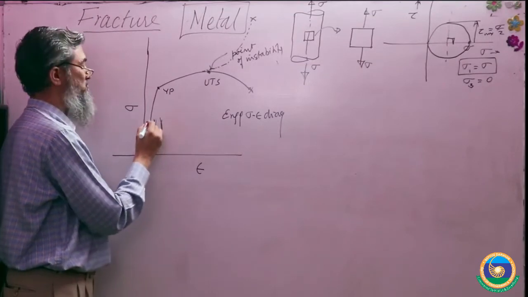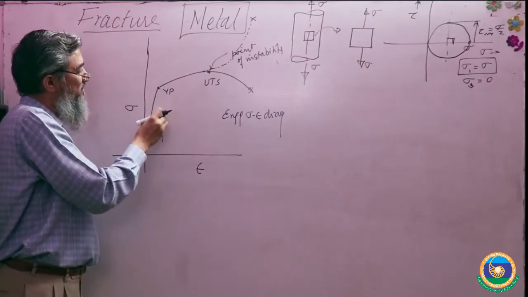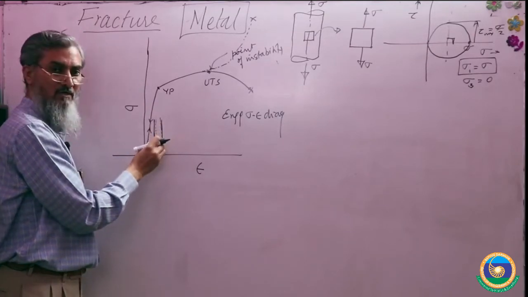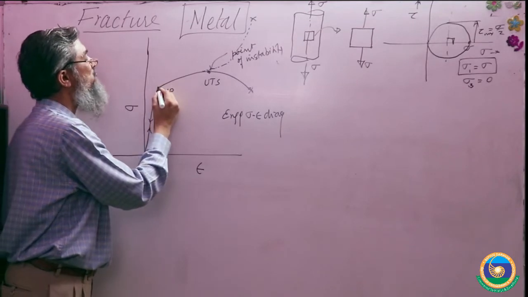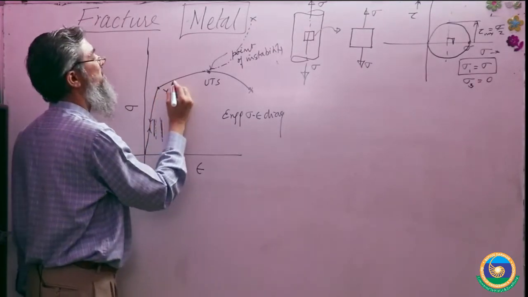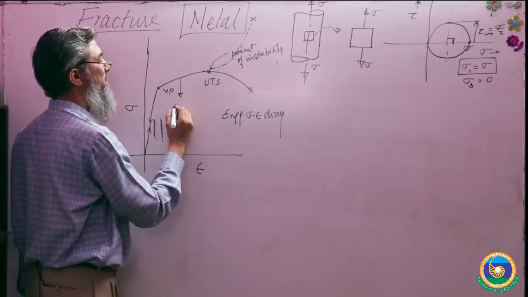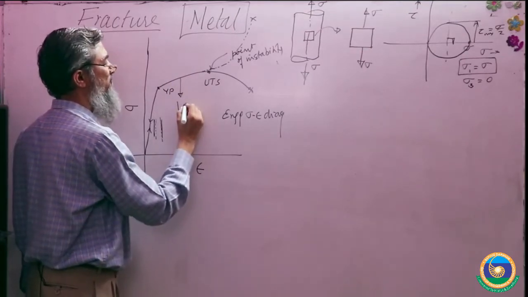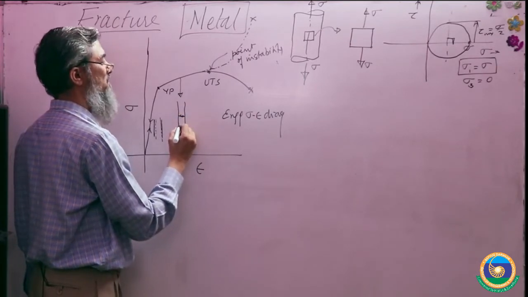But when you reduce the stress, it will come back to its original diameter, length, everything will be recoverable. But as soon as it passes the yield point, you will have permanent deformation, right? And that is plastic deformation. The size will reduce, the diameter will reduce, right?